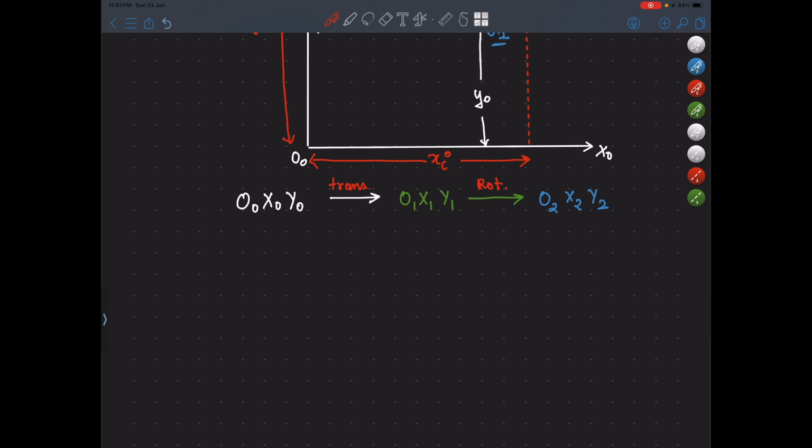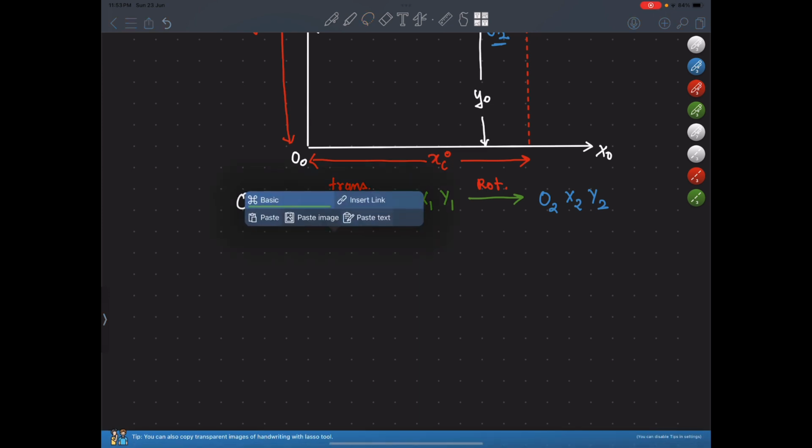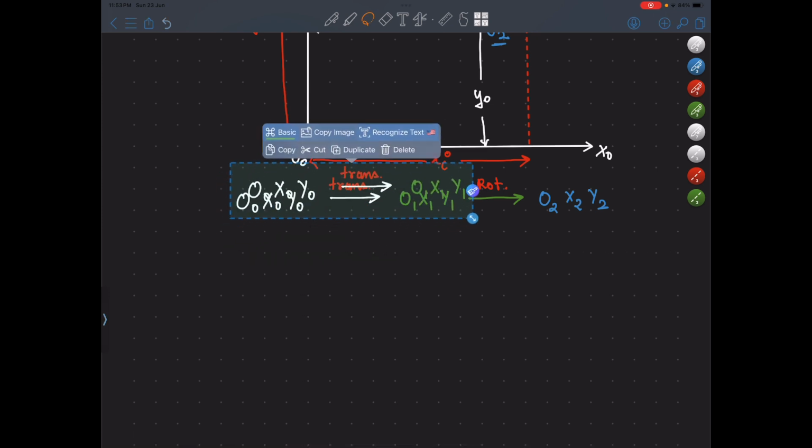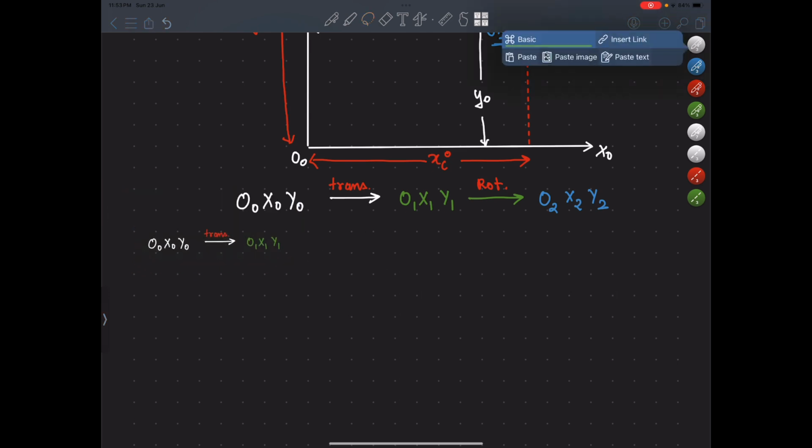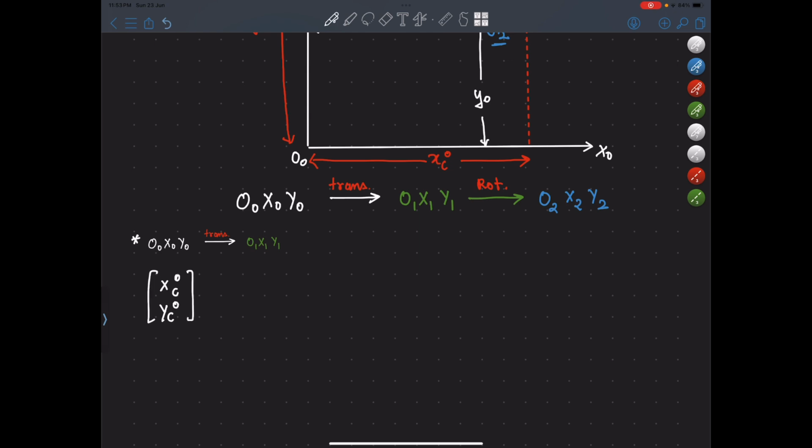Let's write for translation first. xc0 and yc0 can be written in terms of xc1 and yc1.